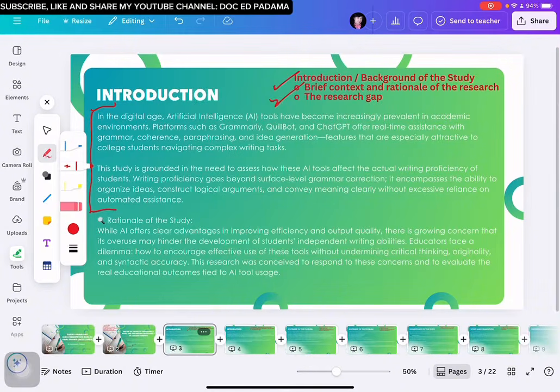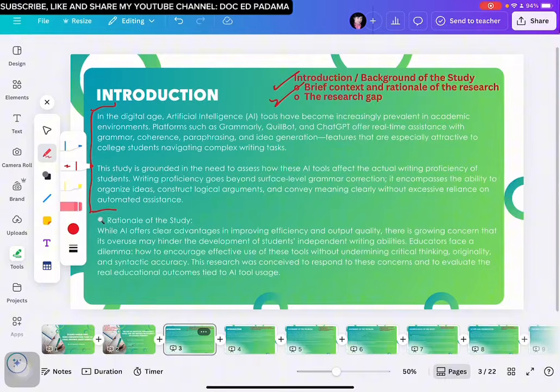You can already go through, browse through the introduction, but I want you to observe that the presentation of the introduction in your slide presentation should be presented in a way that it summarizes all of the concepts and ideas that you want to include as part of the introduction and background of the study.